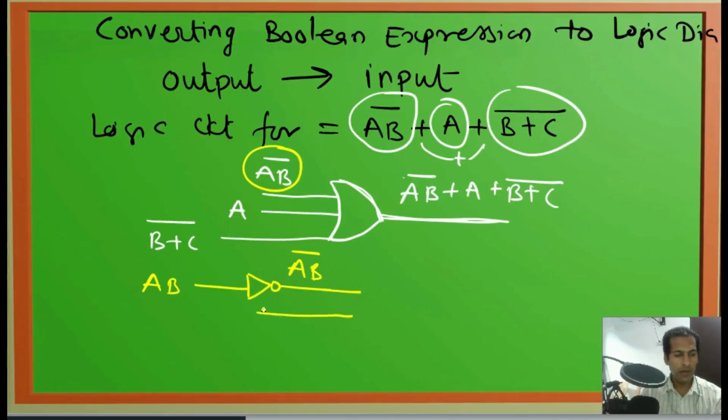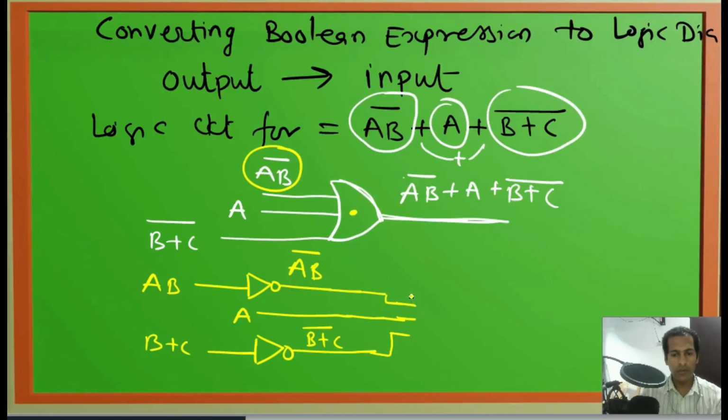A is as it is, so no need to modify. Here I give B plus C to one inverter, so at the output it gives B plus C bar, and all three of these are coming to this gate and giving us this output.